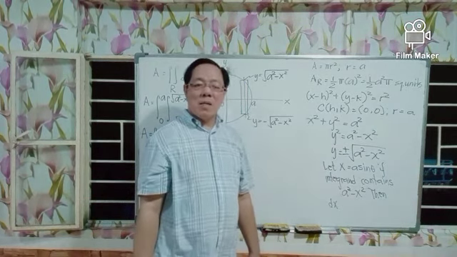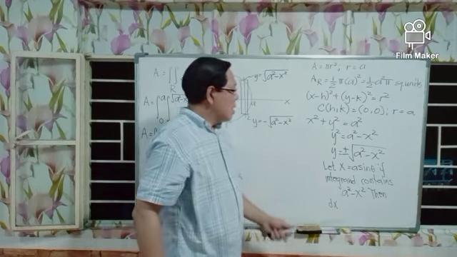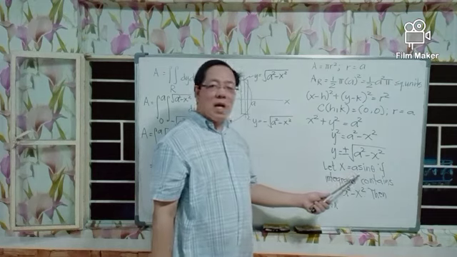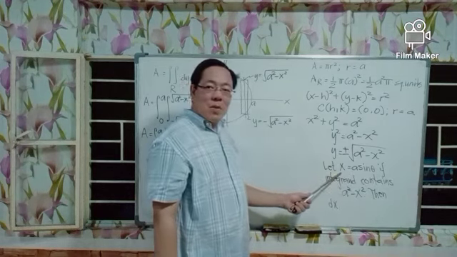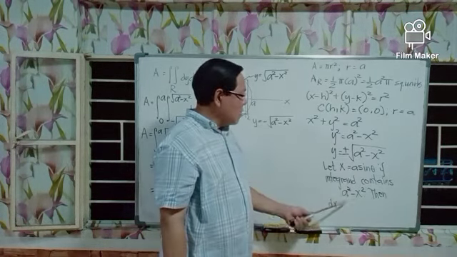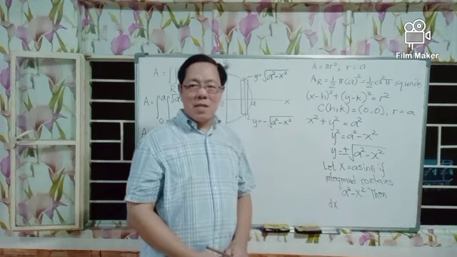If we have an expression of the form a squared minus x squared in the integrand, we use this trigonometric substitution. We let x equals a multiplied by sine theta. Differentiating both sides of this equation, the derivative of x is dx equals a times the derivative of sine, which is cosine theta d theta.